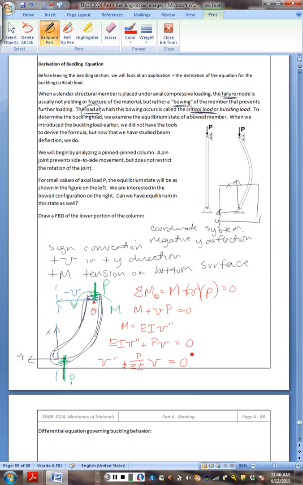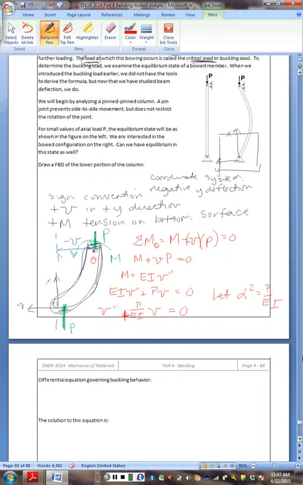And if we define a new quantity, alpha squared, as the load over the bending stiffness, we then have a very tidy looking second order differential equation where we have the second derivative of the deflection plus our new term alpha squared times the deflection equals 0.